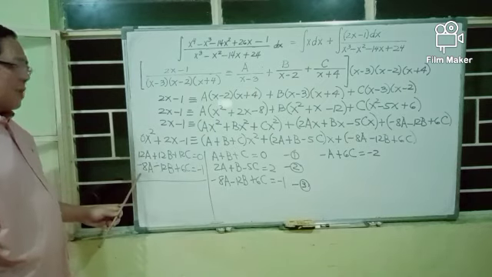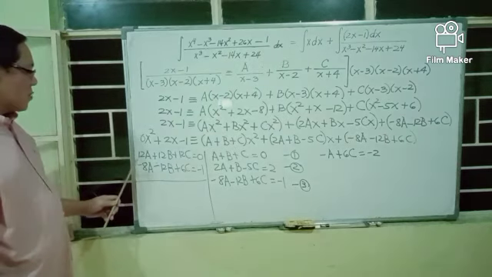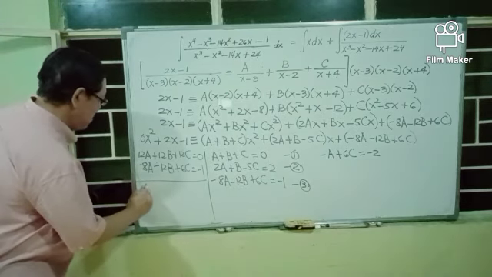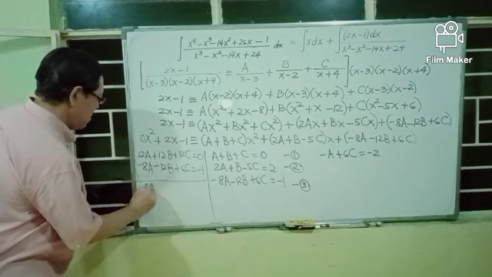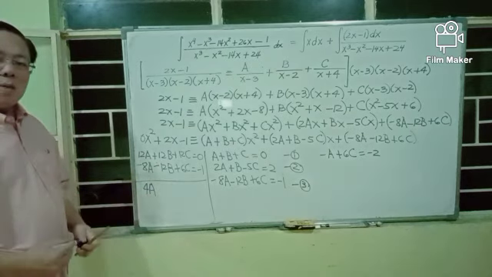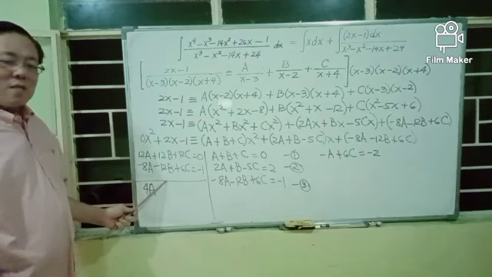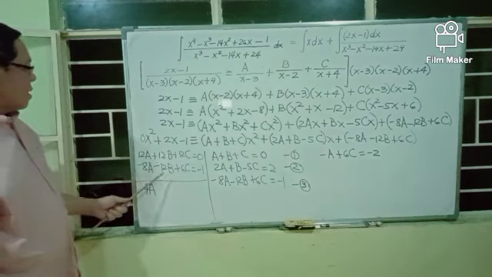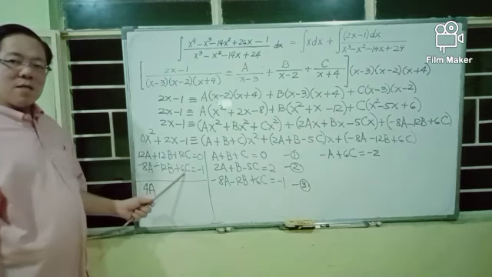12a plus negative 8a, or 12a minus 8a is 4a. And 12b plus negative 12b is 0. And 12c plus 6c is 18c.